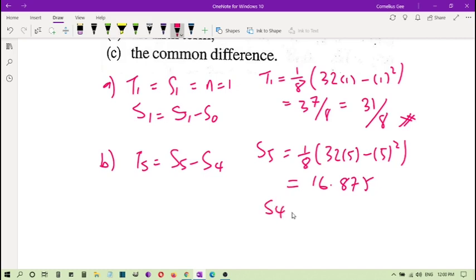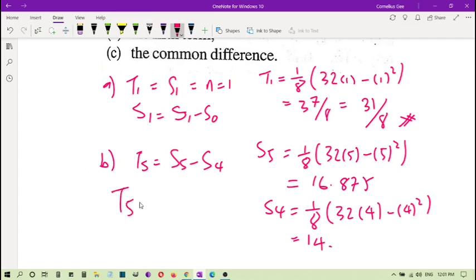So the sum of first four terms, 1 over 8 times 32 times 4 minus 4 square. Oh, so it's 14. So which means T5 is 16.875 minus 14, 2.875.